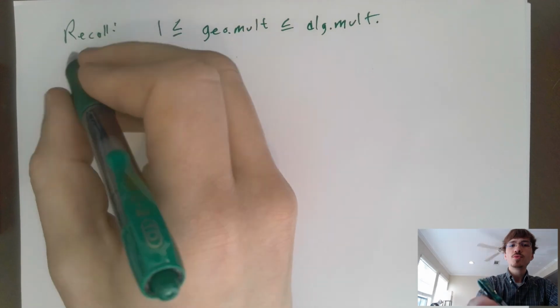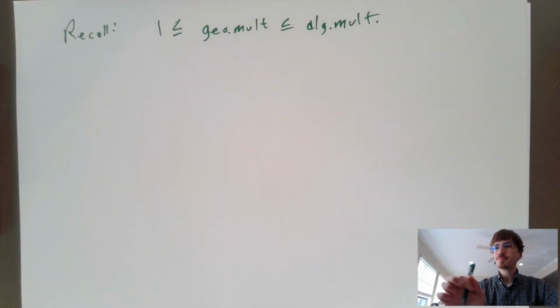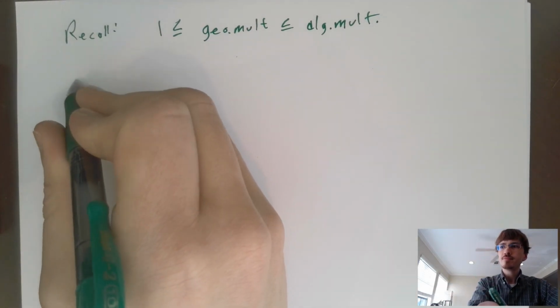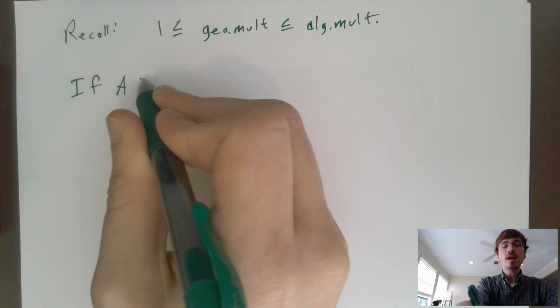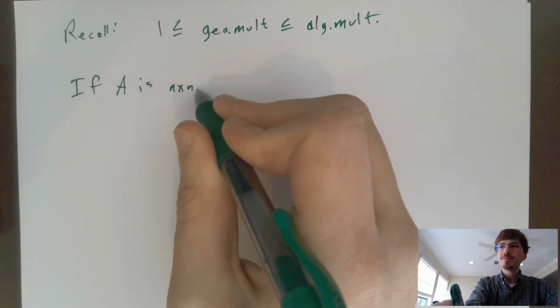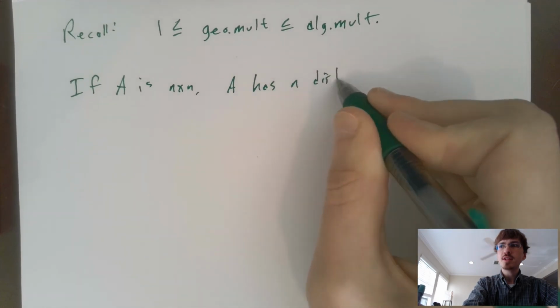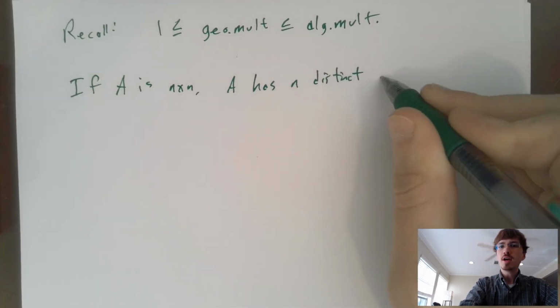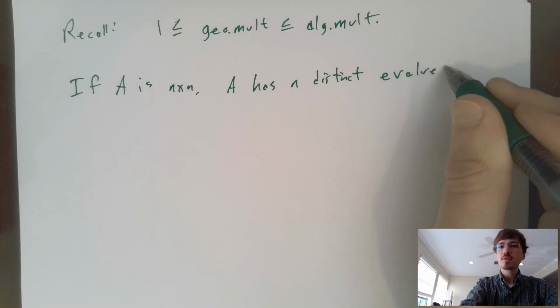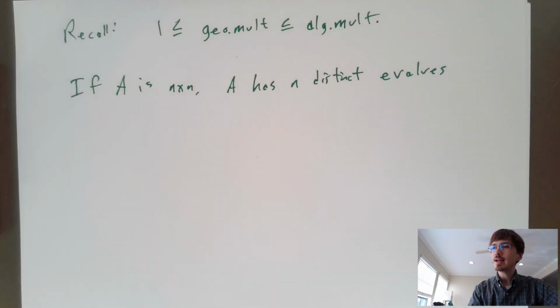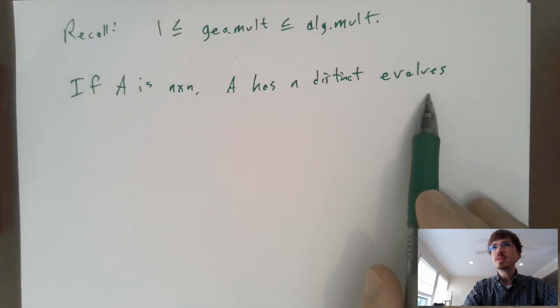And so let's talk about a little theorem. If A is n by n, and A has n distinct eigenvalues, what does it mean to have n distinct eigenvalues?